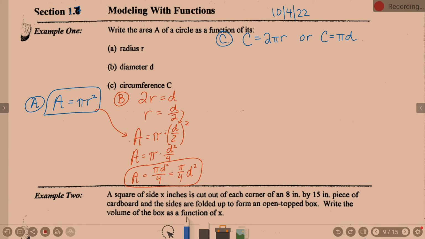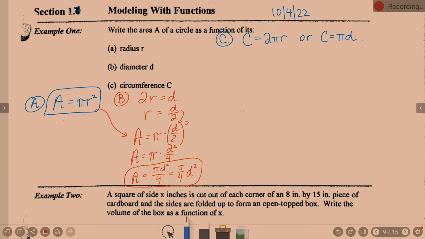So, circumference of a circle is c equals 2 pi r or pi d. Now, which one's more helpful? Probably the 2 pi r, because what's our original formula in? It's with an r, yes? So now, if we're going to plug in for r, we need to know what does r equal in terms of c.